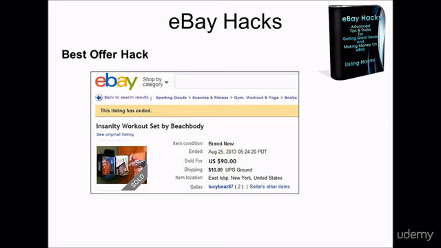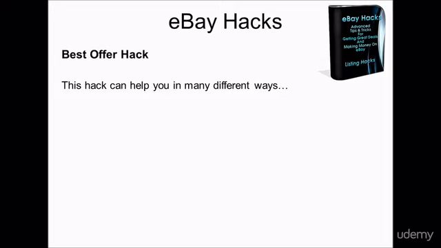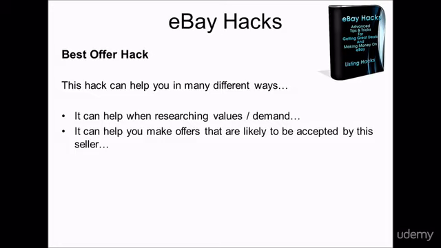Now this is very helpful when you're determining competition, pricing, and demand for an item. Because if you see a lot of best offers accepted at a far lower amount, that tells you the demand tends to be lower, right? This hack can help you in many different ways. It can help when researching values and demand, like I just said, but it can also help you make offers to that seller that are likely to be accepted, right?